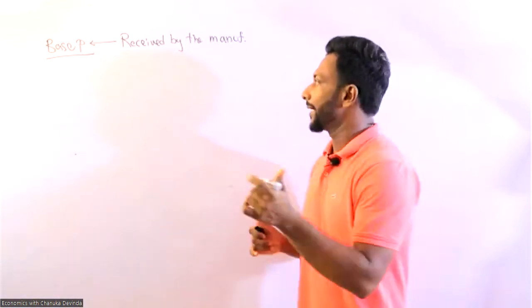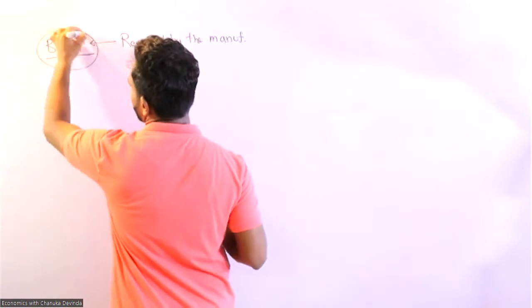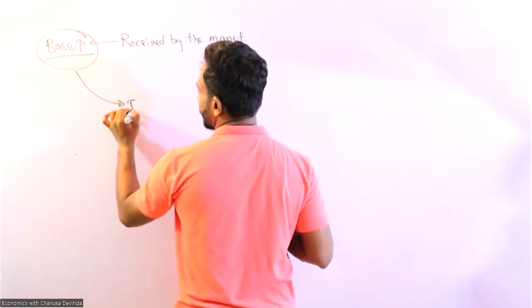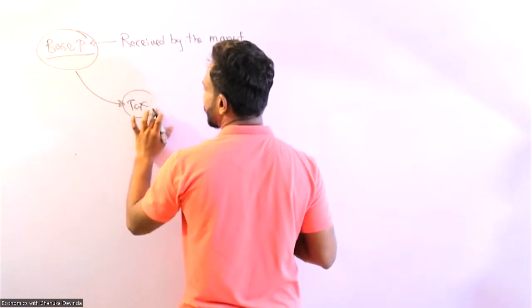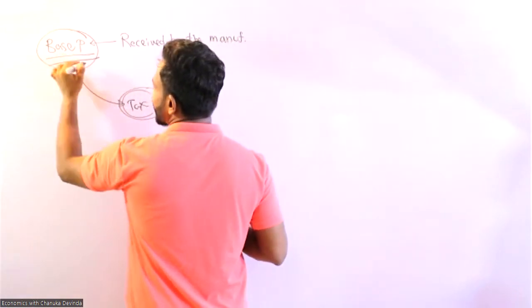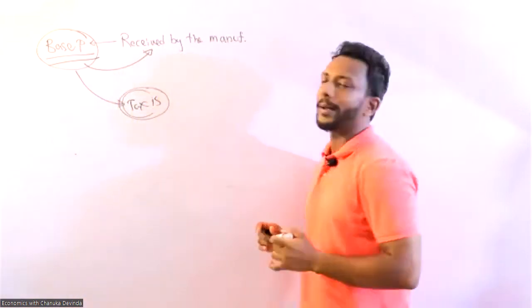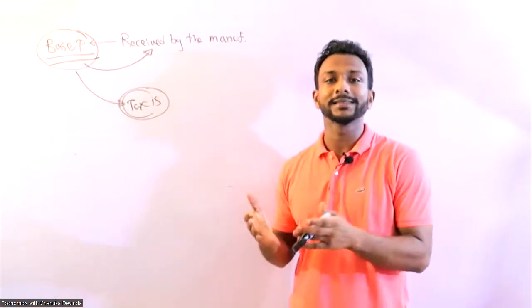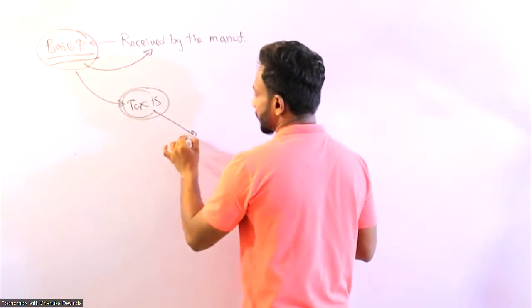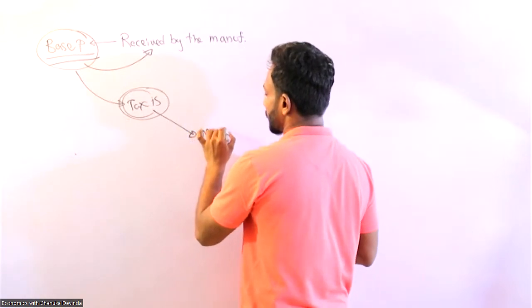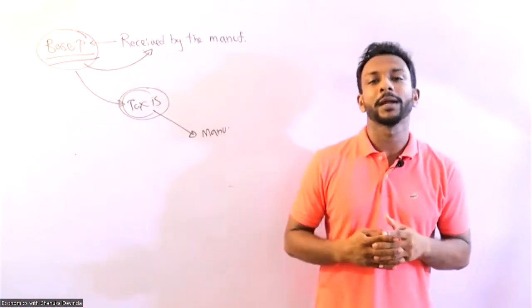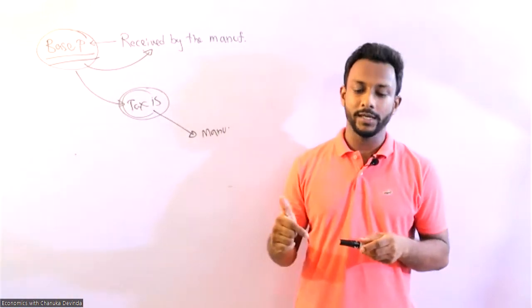Tax is not included, since that means base price is totally received by the manufacturer. Why? Because tax is not included. If tax is included, that is the manufacturer's price, right? And subsidies received by the manufacturer are included in the base price, right?